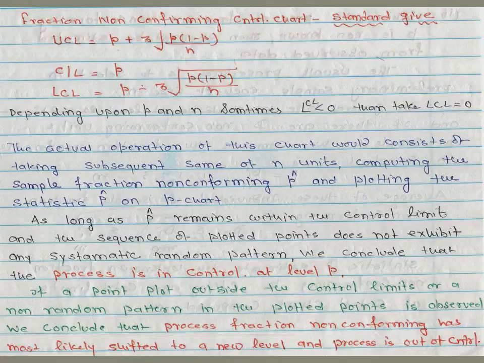And if any point is plotted outside these control limits or a non-random pattern in the plotted points is observed, then we can say that the process fraction non-conforming has most likely shifted to a new level and the process is out of control. All these things we can understand when we discuss a numerical problem later on.